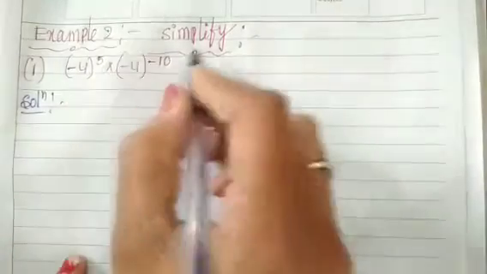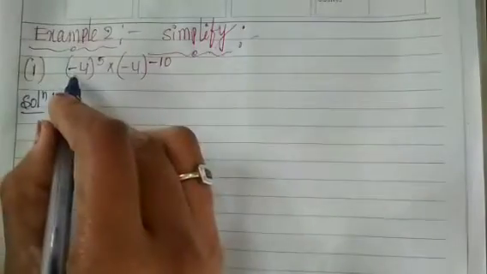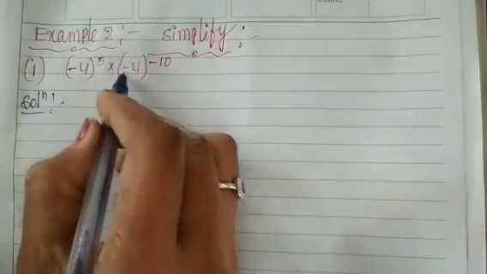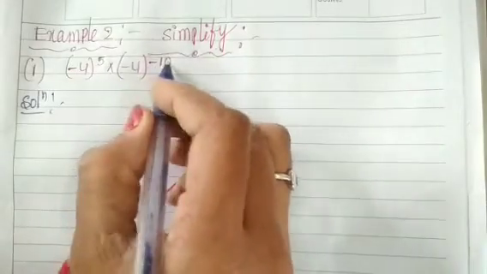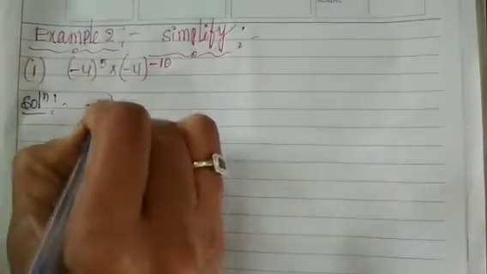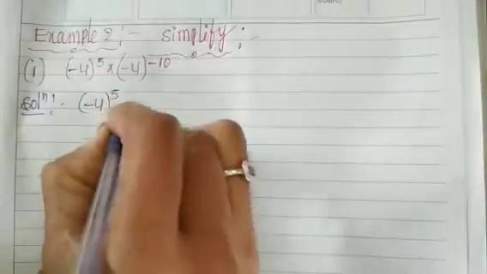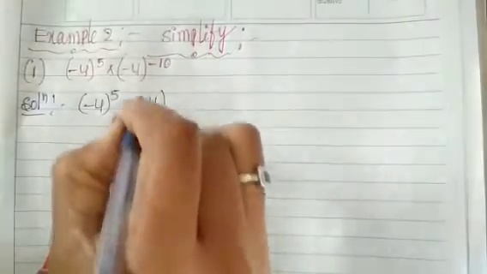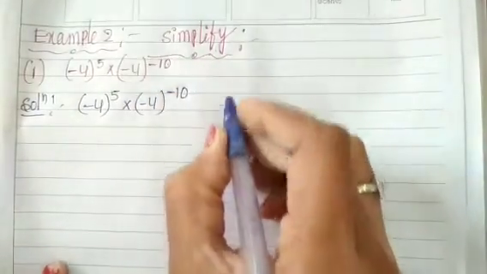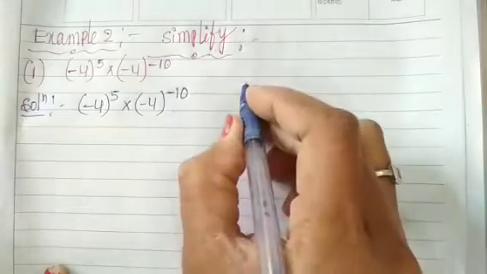Example second, simplify (minus 4) to the power 5 into (minus 4) to the power minus 10. Solution: once again write (minus 4) to the power 5 into (minus 4) to the power minus 10. First we take the laws of exponents.